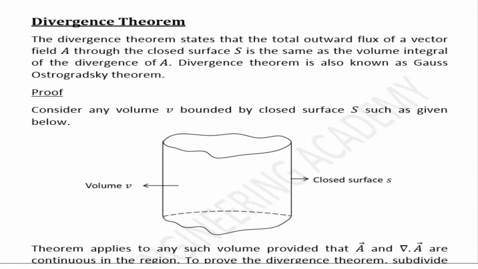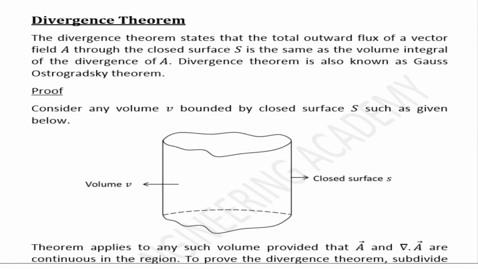Now we move on to the divergence theorem. That is a theorem regarding the divergence of a vector field. So the theorem states that the total outward flux of a vector field A through the closed surface S is the same as the volume integral of the divergence of A. That is, here we are relating the surface area and volume of a particular closed surface.